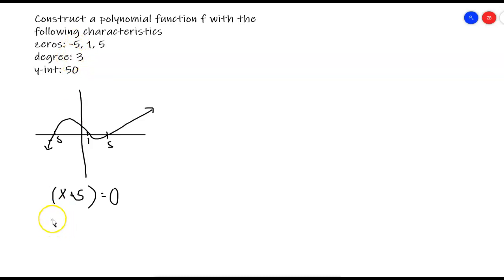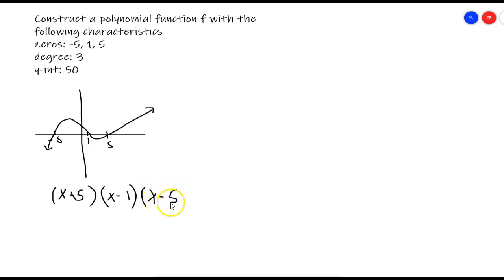we get x is equal to -5, giving us a 0 at -5. That means that we're also going to have an x minus 1, similar. Let me write it all in one function here. So we're also going to have an x minus 1, and then we're also going to have an x minus 5 for that 5 there.